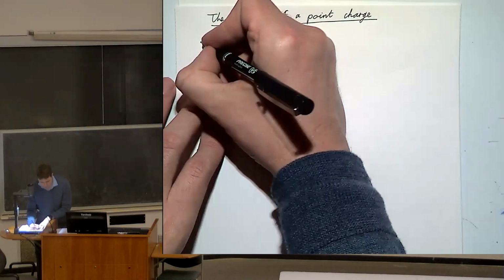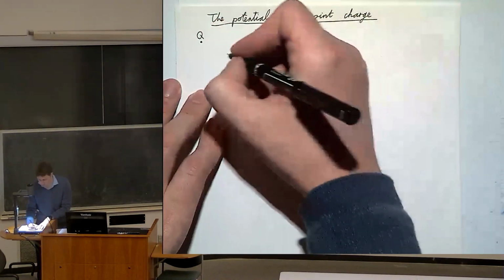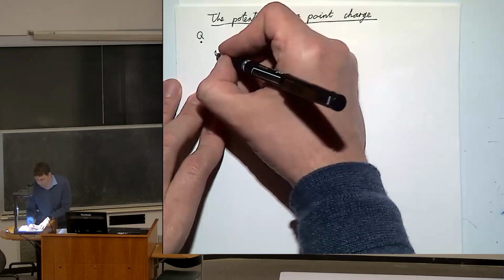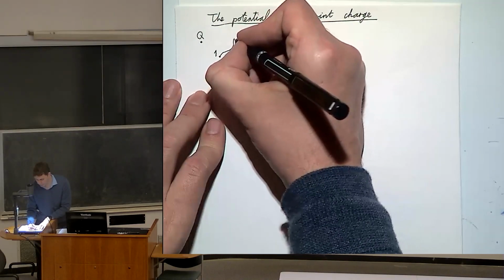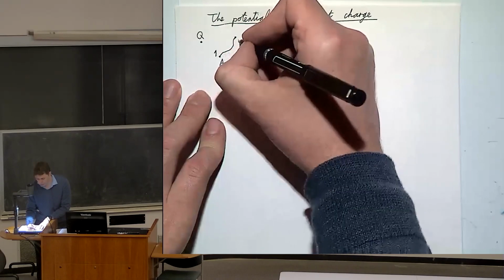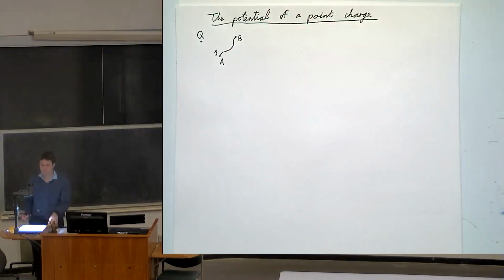So let's say we've got a point charge Q and we move a unit charge from point A to point B, and then the amount of work done will give us exactly the potential difference.